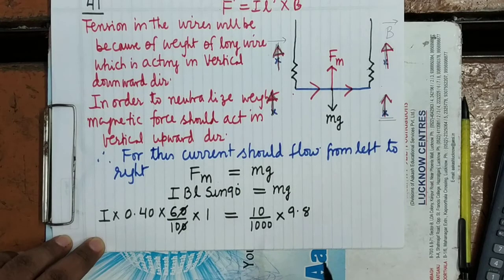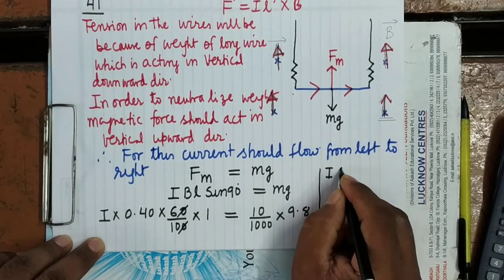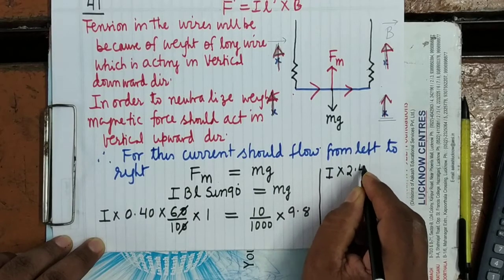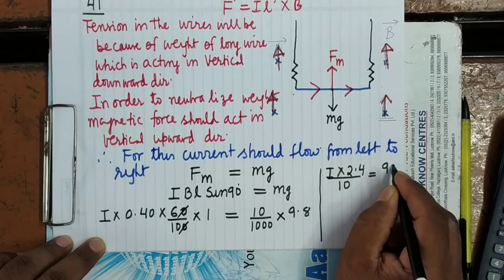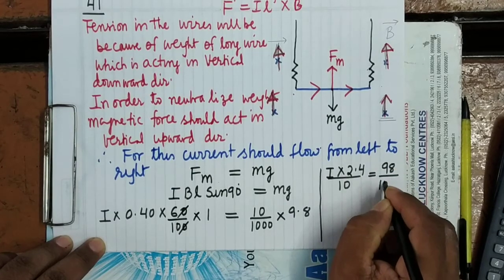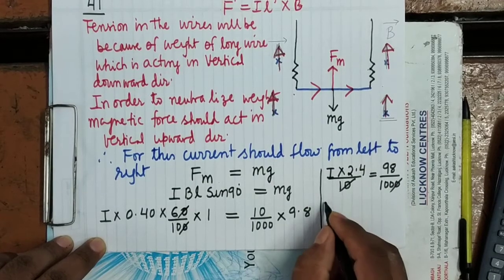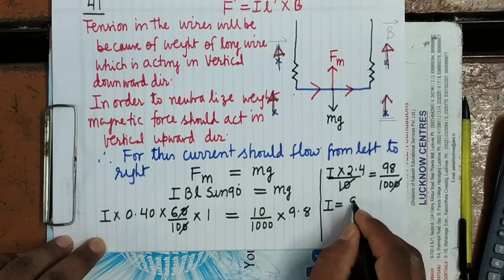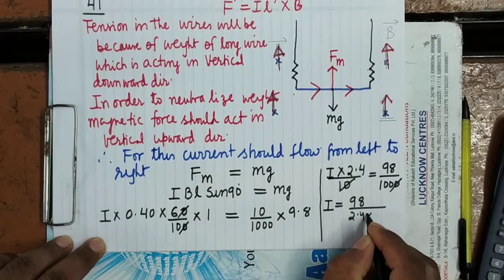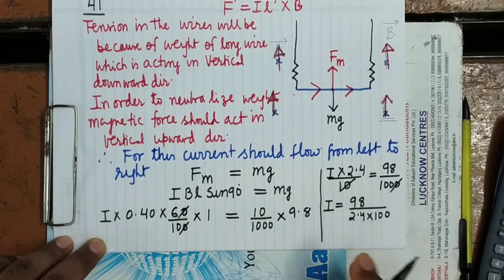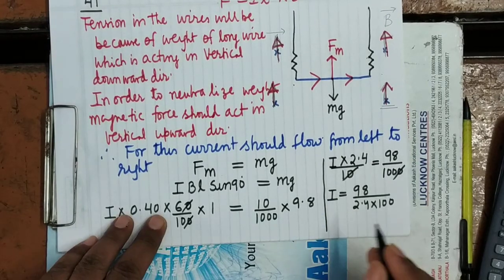So you simplify, this 0 will be cancelled. It will be I into 2.4 equals 98 upon, so 0 and 0 cancel. So I equals 98 upon 2.4 into 100, or this will be equals to 98 upon 240.